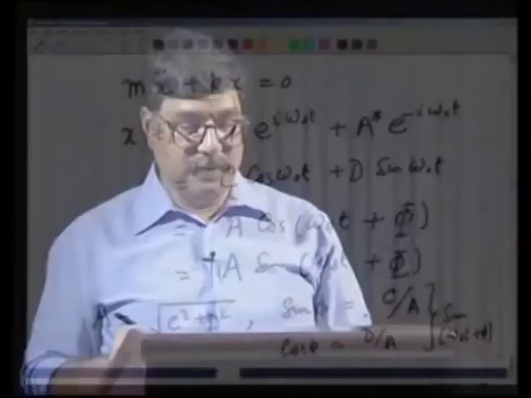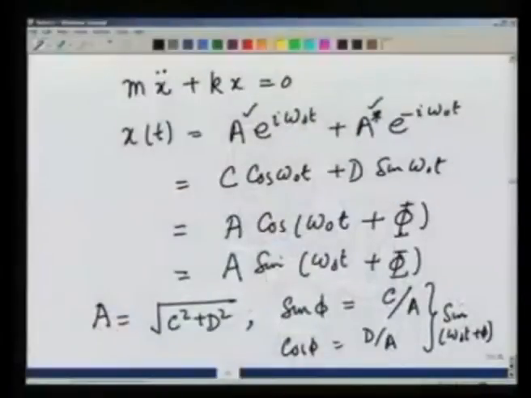So, we have in the motion two constants, a real, an imaginary, or C or D, or A or phi, and these are determined by the initial condition of the motion, as we will see.